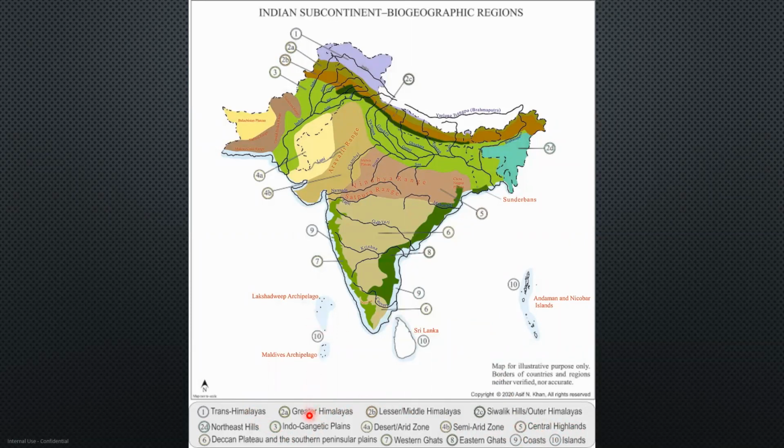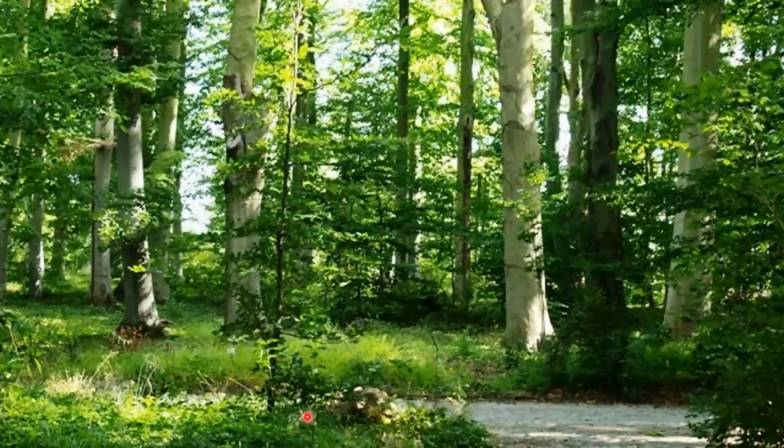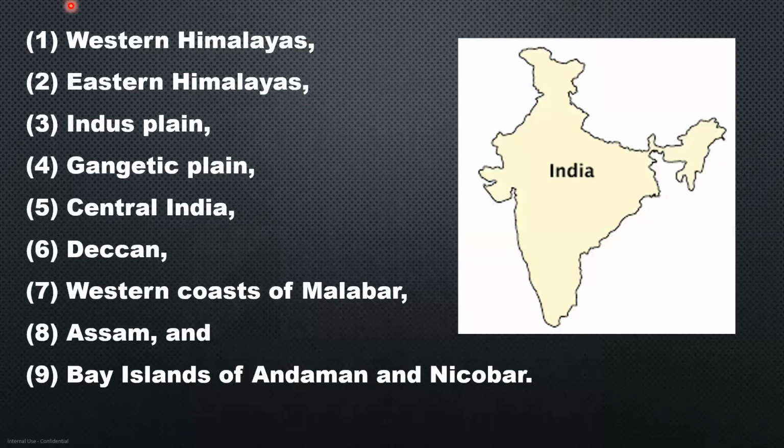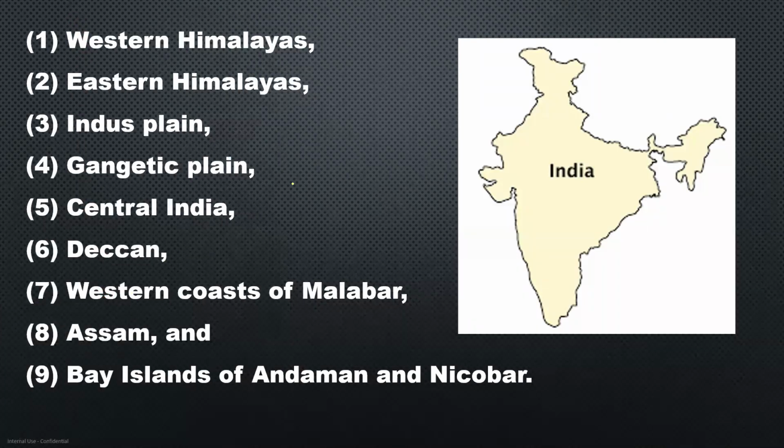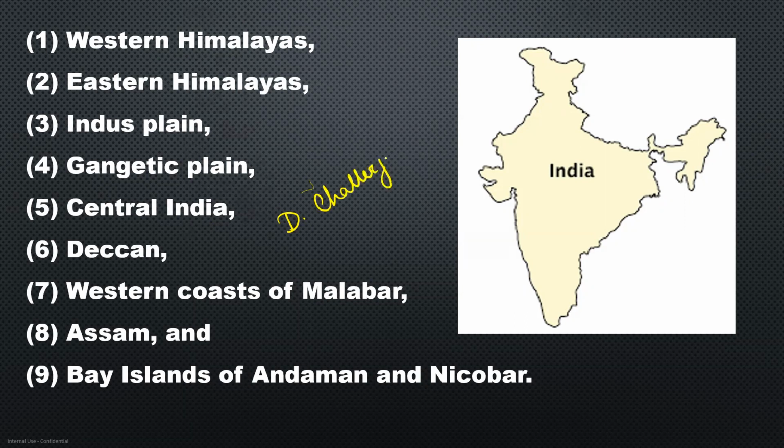So let's quickly just see what are the different regions according to D. Chatterjee. Remember this name. It is Western Himalayas, Eastern Himalayas, Indus Plain, Gangetic Plain, Central Plain.